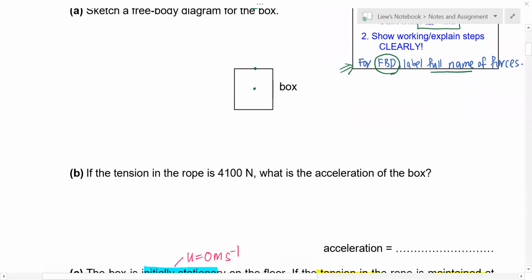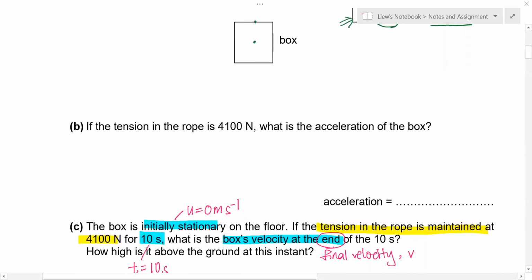Now part B: if the tension in the rope is 4100 newtons, what is the acceleration of the box? So you see that there's information regarding the tension, 4100 newtons, pointing in the upward direction. And knowing that the weight W is given by mg, where mass is 400 kg, the weight will be 400 times 10, pointing in the downward direction.